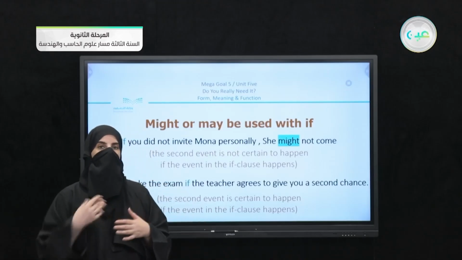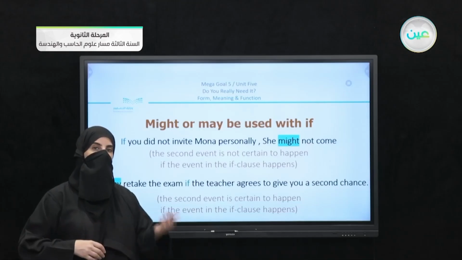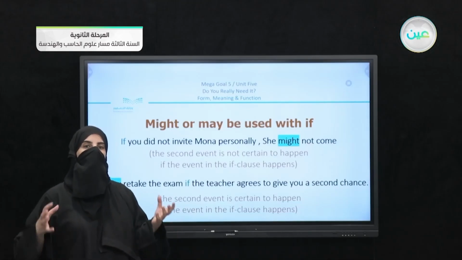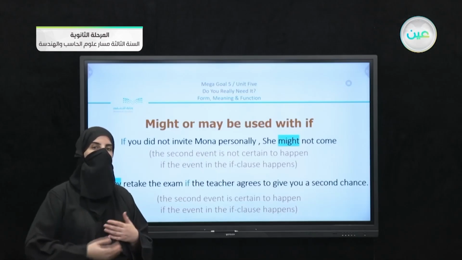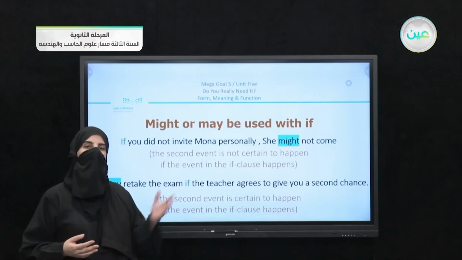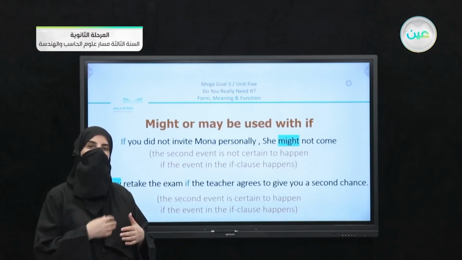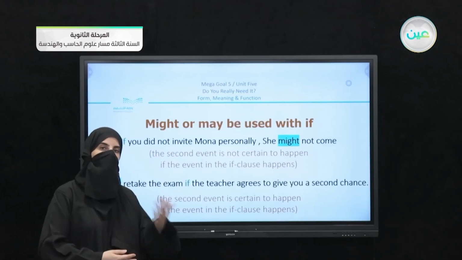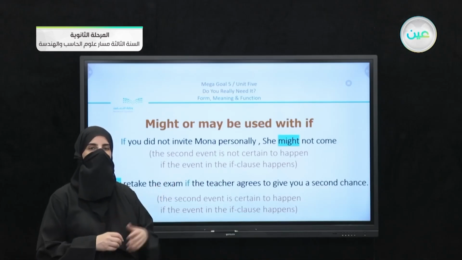Now we're using might or may. Either way, there is a possibility for something to happen or not happen. So we are going to combine the idea of possibility and use it with the conditional sentence here, which is using if. So now you understand that we are giving possibility, either it happens or not, with the condition that we have in if.